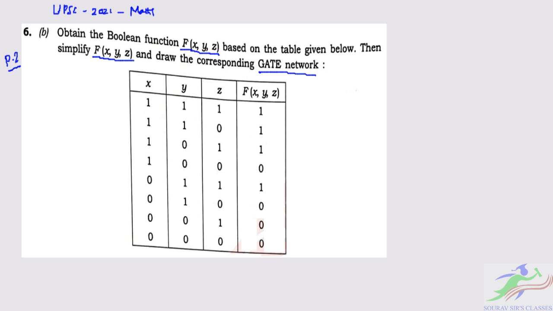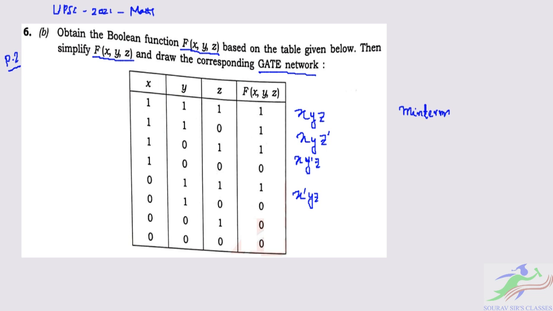This is xyz, and 110 is xyz bar, and 101 is xy bar z, and 011 will be x bar y z. So these are the min terms.